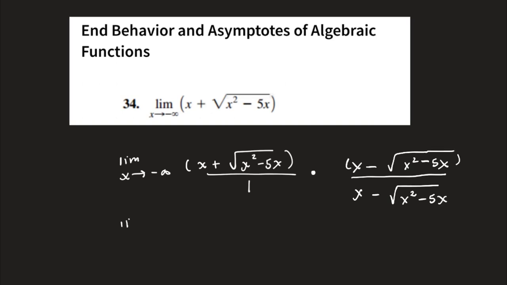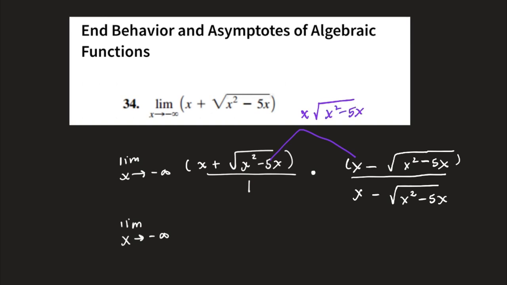Now when we do the multiplication in the numerator, we found that the reason why we multiply by the conjugate is because the middle terms are going to cancel. So if you multiply these two terms, the inside terms, you get x times the square root of x squared minus 5x.